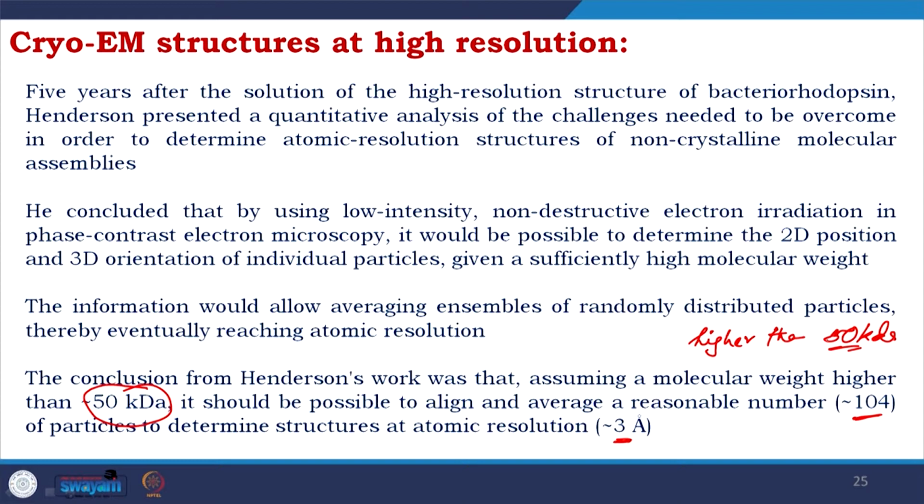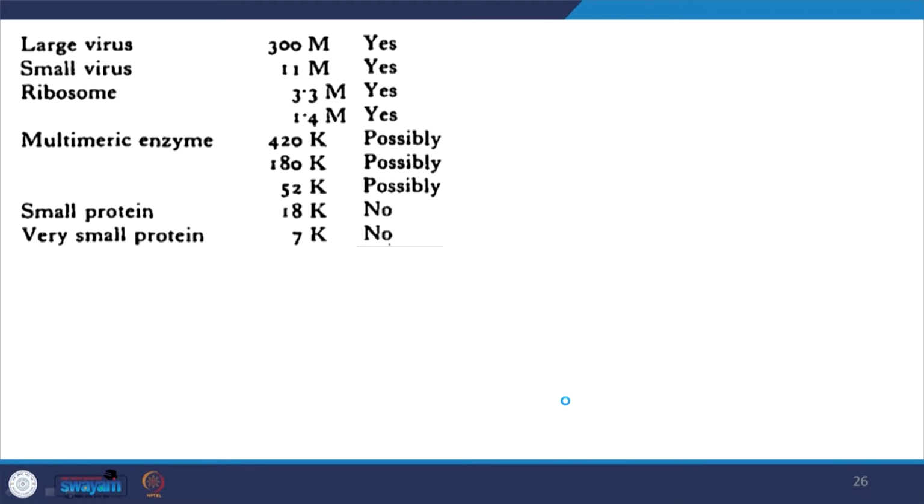So, 50 kilodalton, 10^4 particles, 3 angstrom resolution. So, here is a comparison for large viruses where the mass is 300 megadalton.